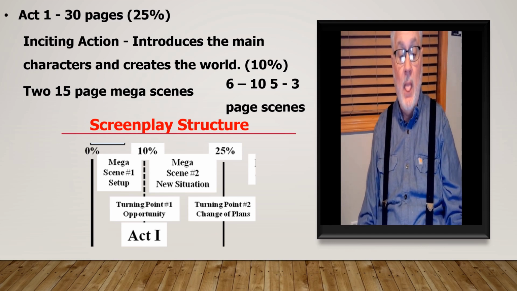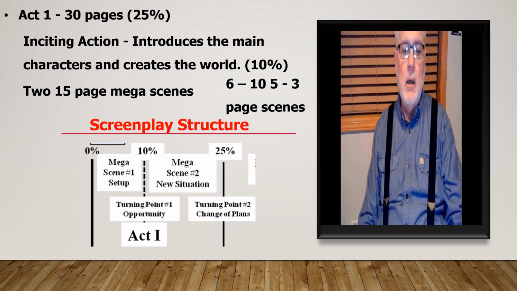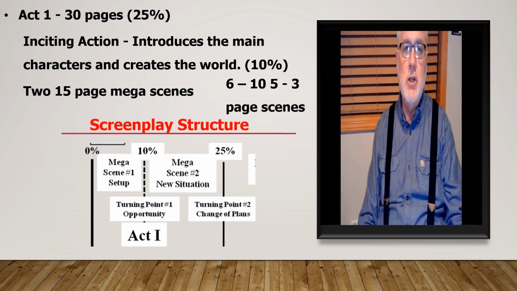And the opportunity, change of plans, all of those are taken from various sources, so don't try to relate it to any one single source. But your first act should consume about 30 pages or 25%.